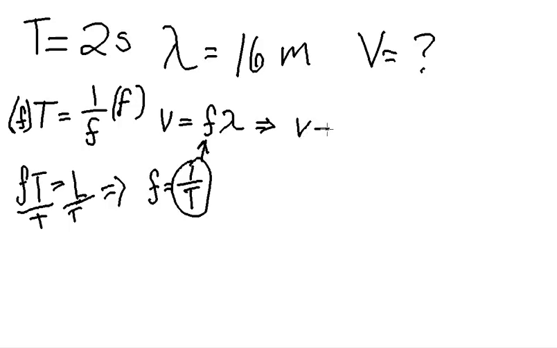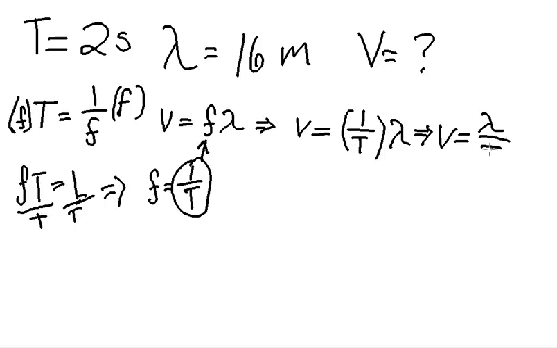So the velocity is equal to, instead of frequency, we'll write what it's equal to, 1 over the period multiplied by the wavelength. And I can clean this up a little bit more, rewrite it, where wavelength times 1 is wavelength, and divide that by period. So at this point, we're just plugging numbers into our formula.